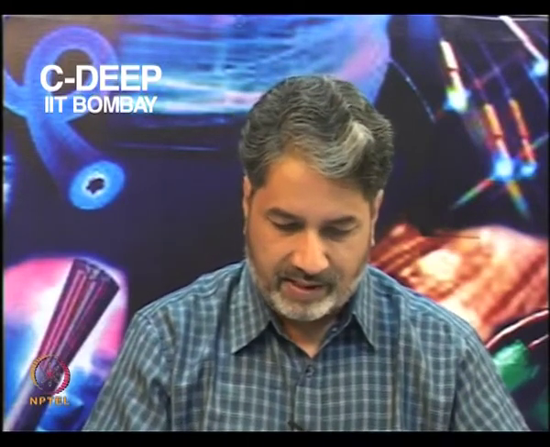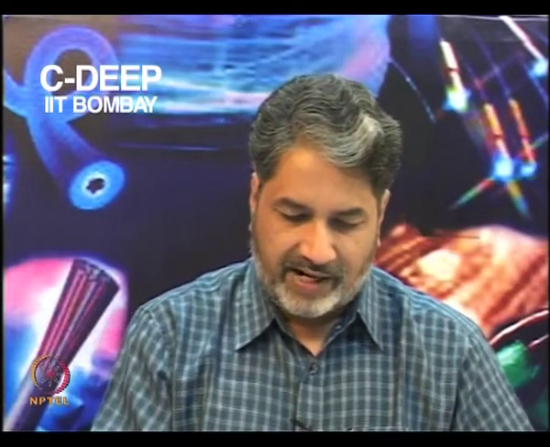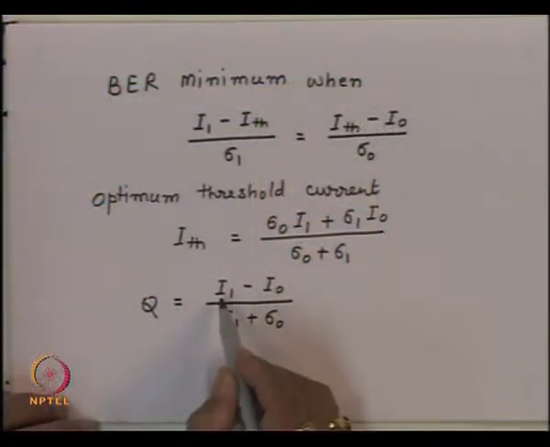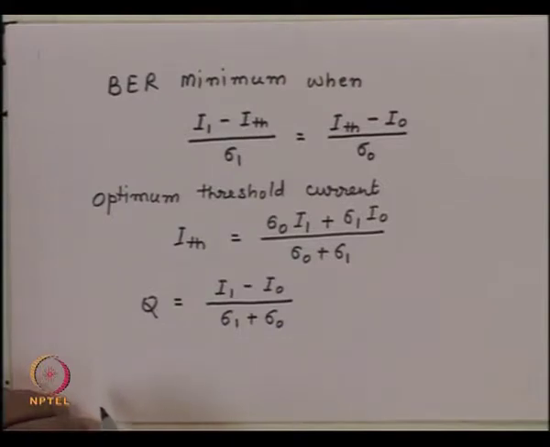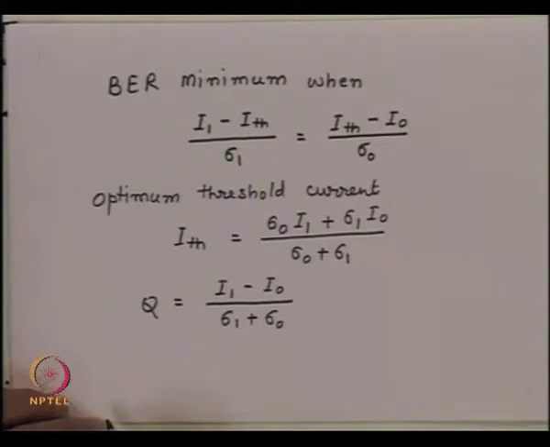So, we have defined a quantity called the Q of the data, which is defined by this, where I1 is the photocurrent corresponding to the level 1 of the data, I0 is the level 0 of the data, and sigma 1 and sigma 0 are the standard deviations of the noise when the level is 1 and when the level is 0.